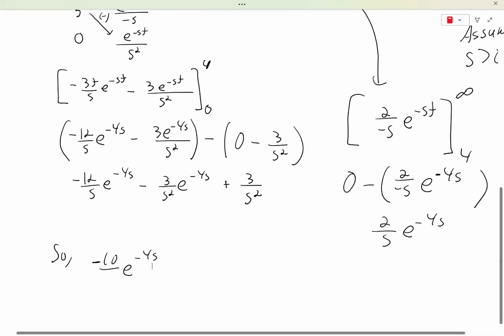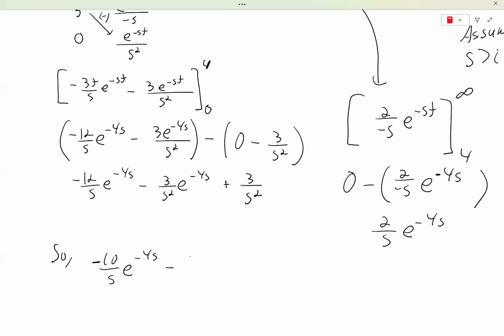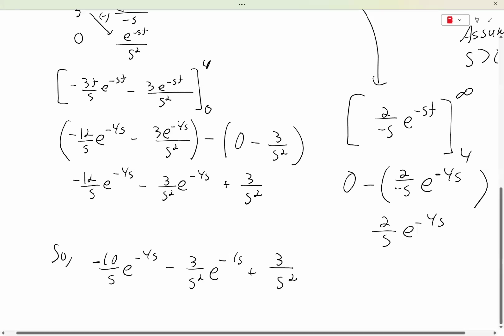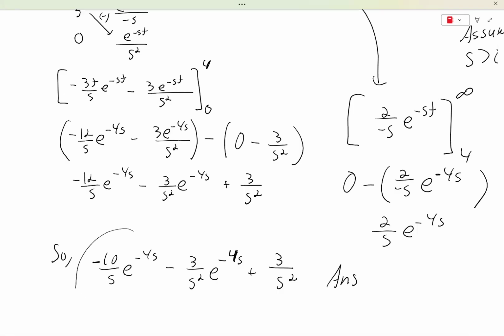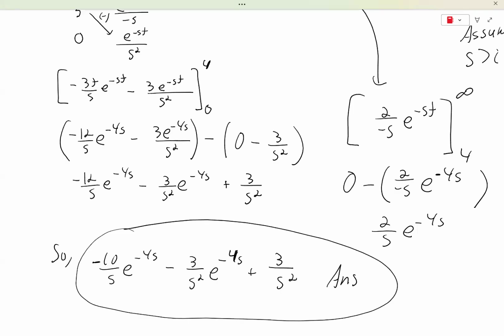I don't like the s's because they look like 5s, but it's negative 10 over s e to the negative 4s minus 3 over s squared e to negative 4s plus 3 over s squared. Then finally, that would be the answer for the whole thing. So that'd be the Laplace transform of the original piecewise function.